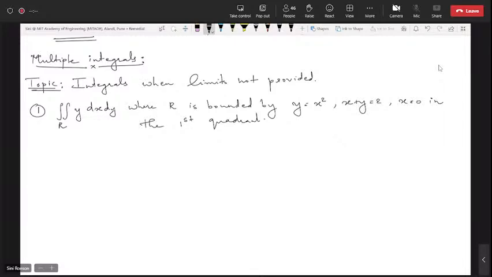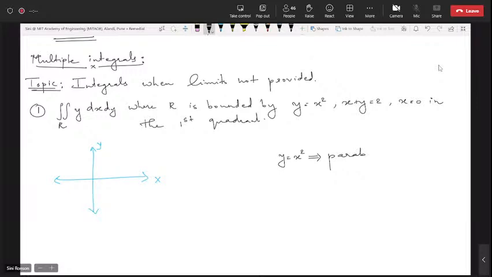First of all, can you tell me what is y equal to x squared, students? What is y equal to x squared? It represents what?